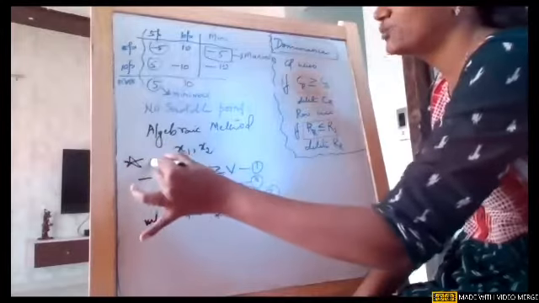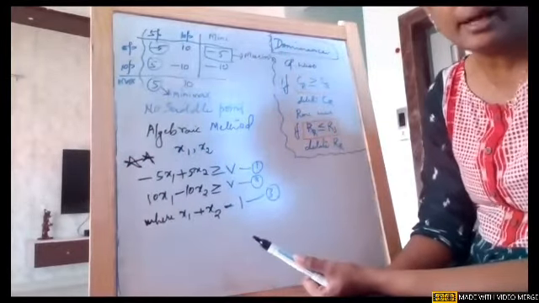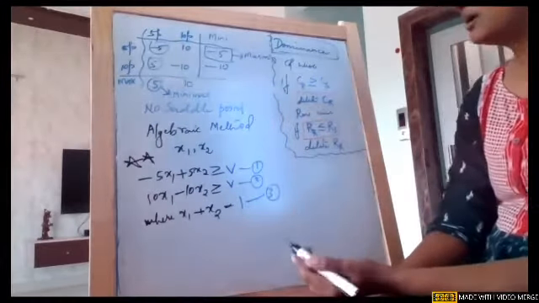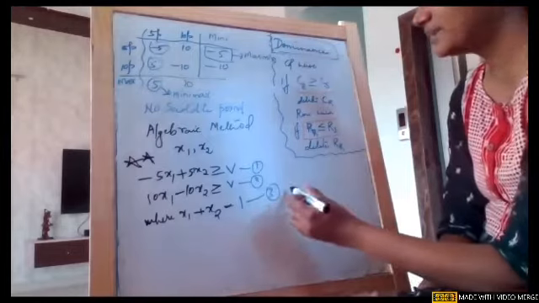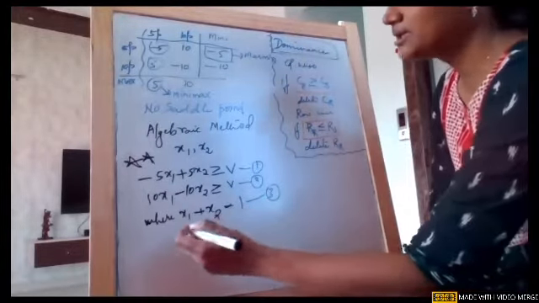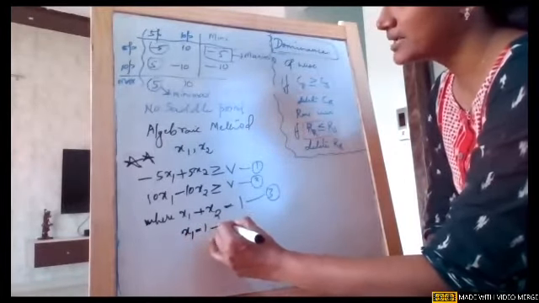This representation is very, very important in game theory. Okay, and now simple, we need to solve the equations. Now, using the third equation, we derive that x1 is equal to 1 - x2.